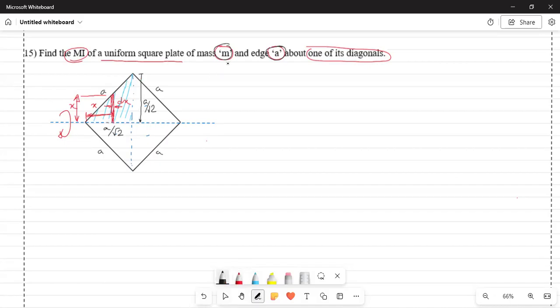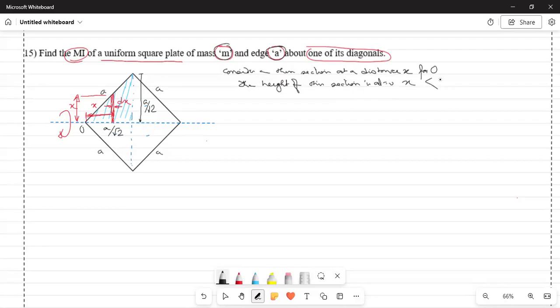So, consider a thin section at a distance x from O, say, from O. Let us say this point is O. The height of this section is also x.